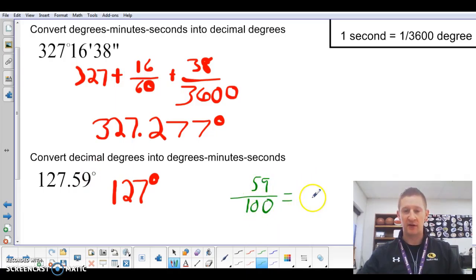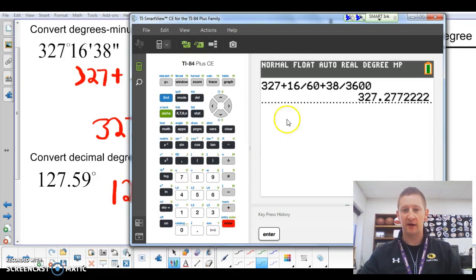So 59 is to 100 as x is to 60. This is the proportion that I'm going to solve first. So if I can figure this out, I'll know how 0.59 of a degree matches up to a 60th of a degree, which would be a minute. So to solve this proportion, you get to cross multiply and divide.